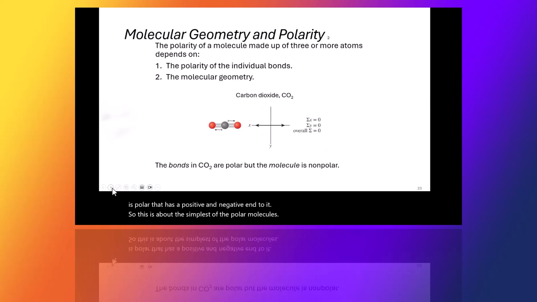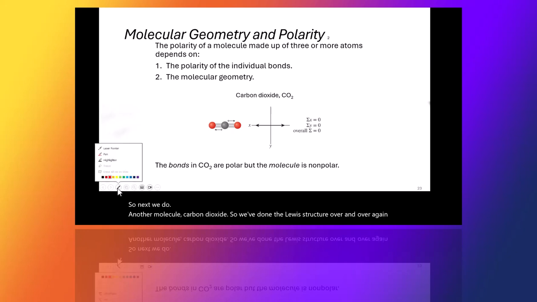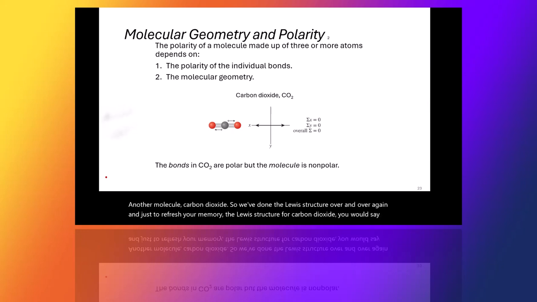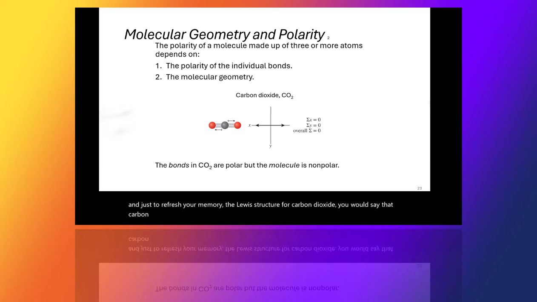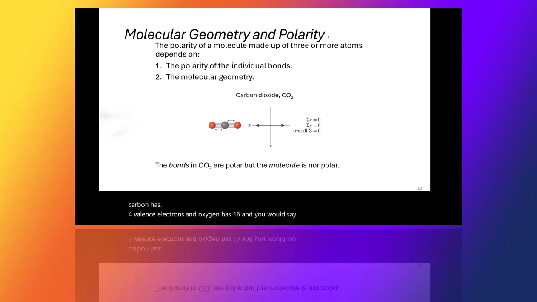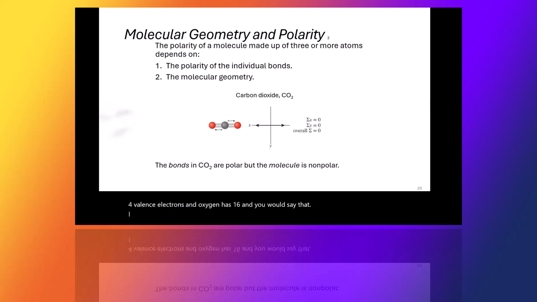So next we do another molecule, carbon dioxide. So we've done the Lewis structure over and over again. And just to refresh your memory, for the Lewis structure for carbon dioxide, carbon has 4 valence electrons and oxygen has 6. And we've got 2 of them, so 6 times 2 is 12, and then 12 plus the 4 is a total of 16 electrons.